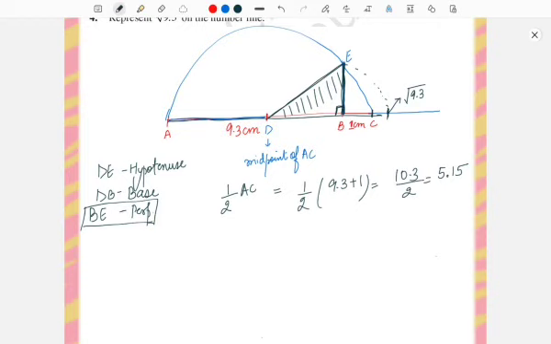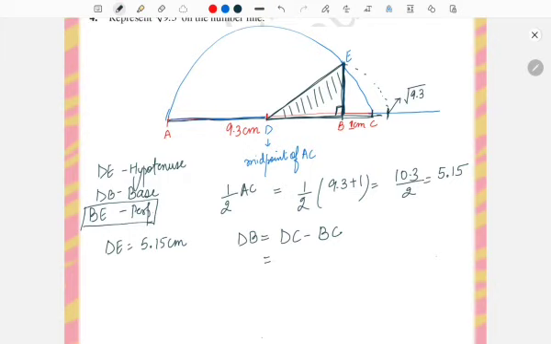So length of DE will be equal to 5.15 centimeters. And what would be the length of DB? If I have to find the length of DB, what would it be? Length of DB will be equal to DC minus BC.